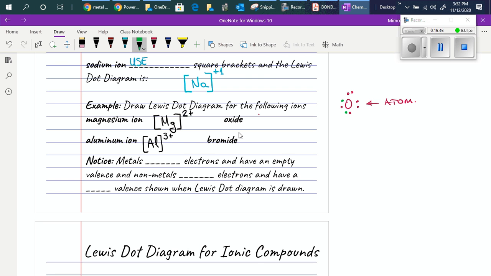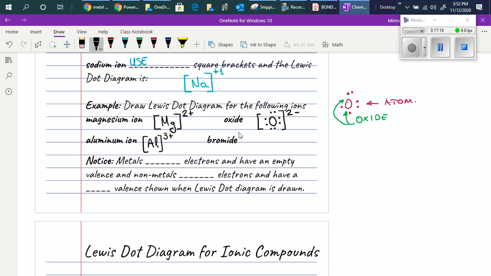So now this is becoming an oxide by adding those 2 electrons here. Therefore, the Lewis dot diagram in this case will be the symbol, and what we are showing here is that the valence shell is completed, so it will be 2-.